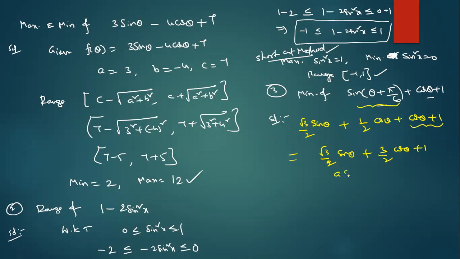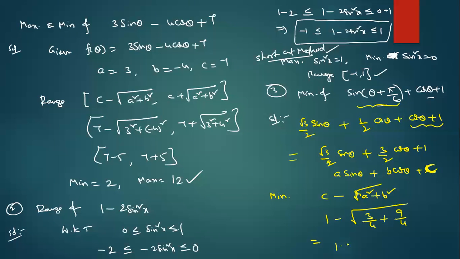Dear student, this looks like a sine theta plus b cos theta plus c. Now my question is, what is the minimum? That is c minus root over a square plus b square. C is how much? 1. Minus root over a square is how much? 3 by 4. B square is how much? 9 by 4.